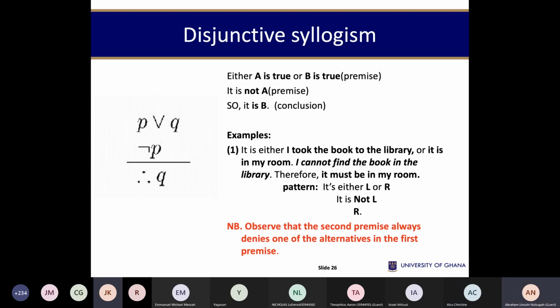So it means the book is in your room. So you need to observe that in the second premise, you will deny one of the alternatives. And when one alternative is denied, the other one will stand.